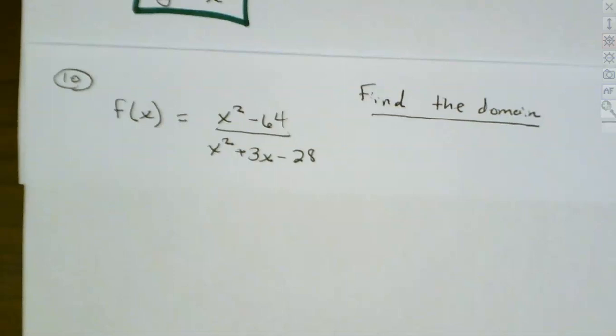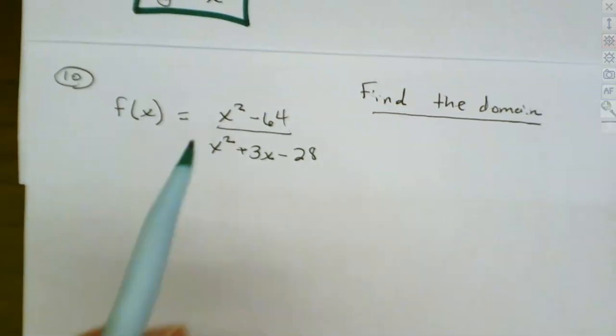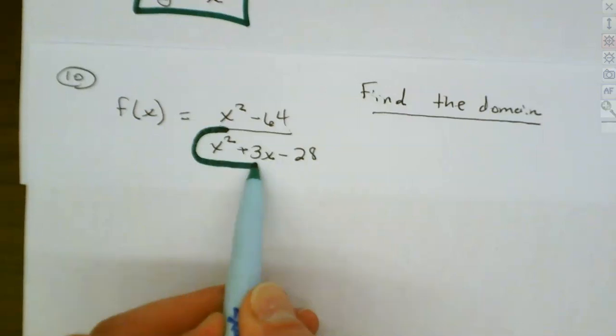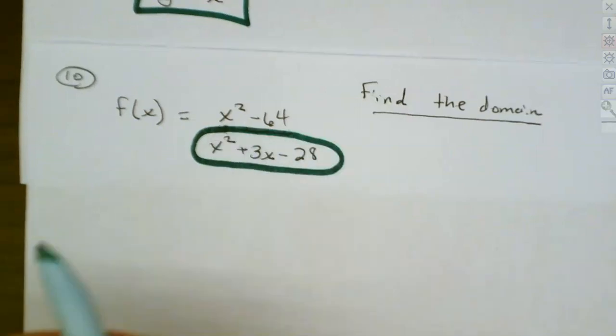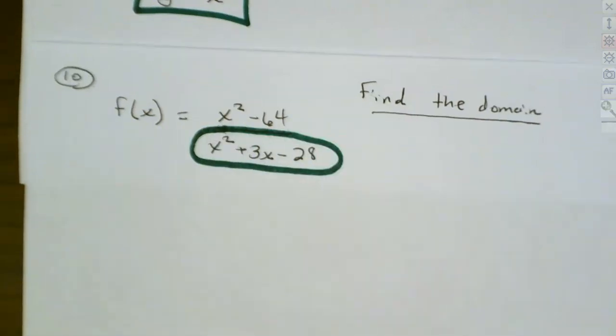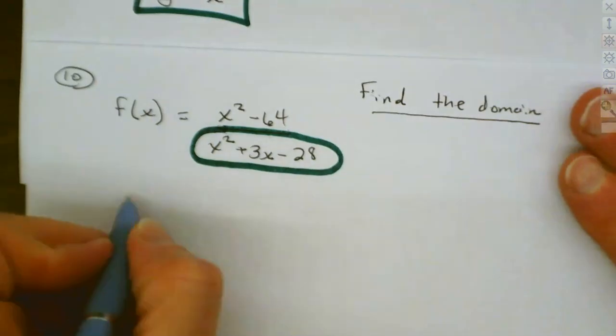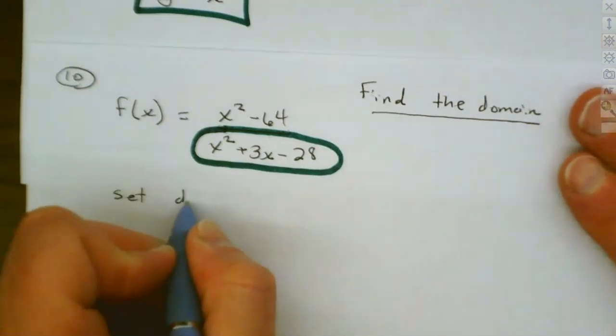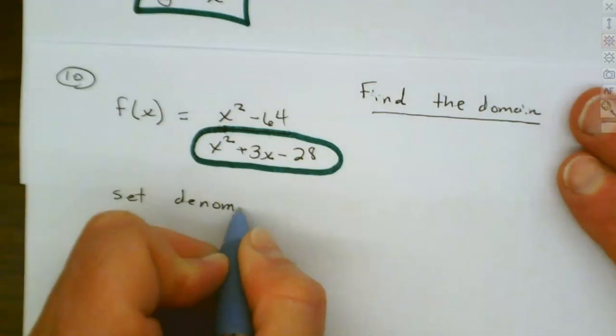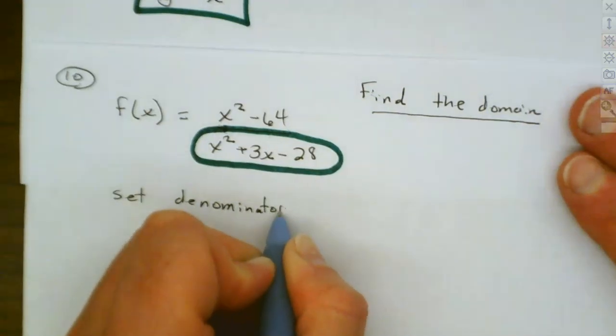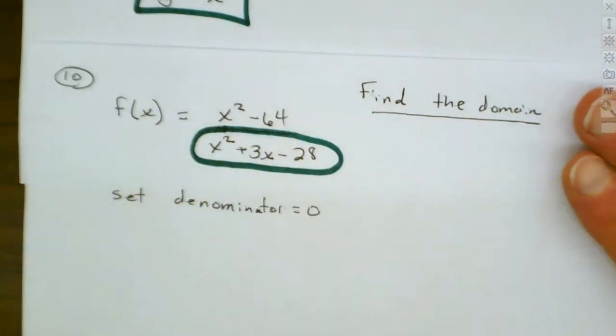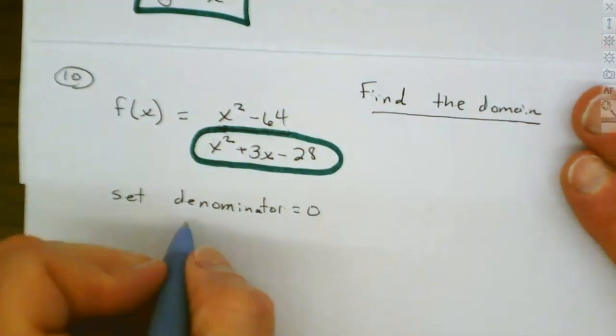When we find our domain, I do not care at all about the numerator. The top half is irrelevant. I only look at the denominator, which is down here. So you're going to set that denominator to 0. It should factor out nicely.